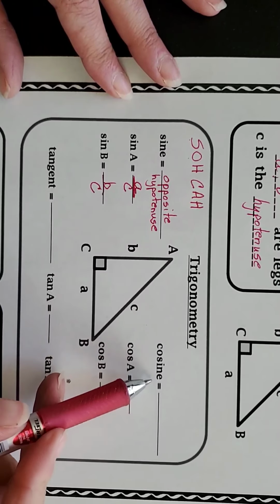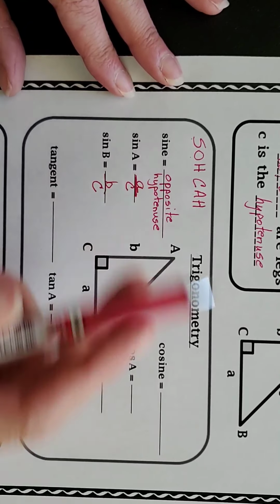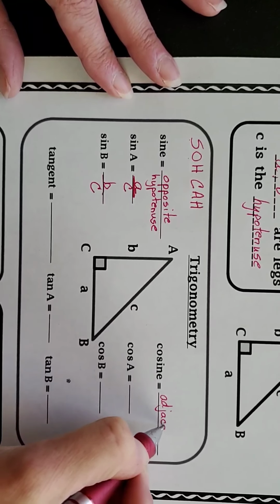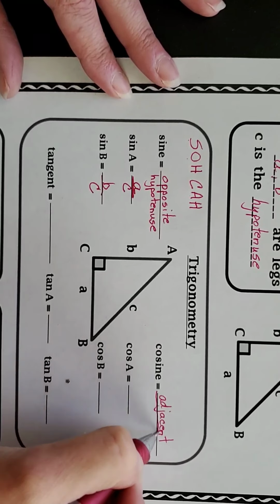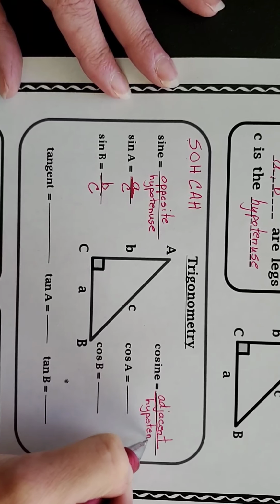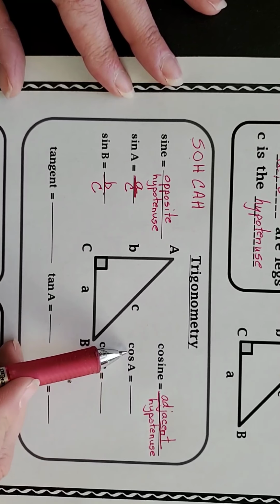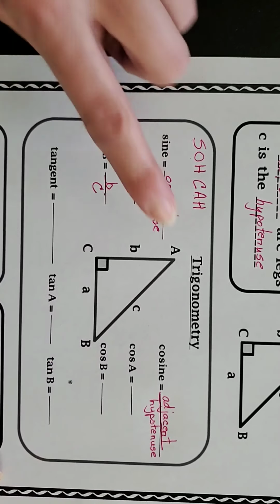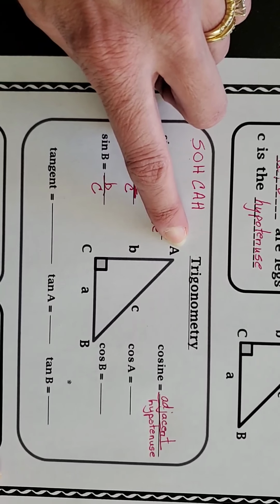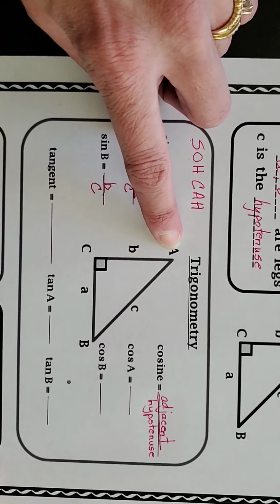which leads us to our next trig ratio, the cosine. The cosine is the adjacent over the hypotenuse. And remember, adjacent means next to. So if we look for the cosine of angle A, from angle A in here, there are really two sides that are adjacent to angle A. It's the two pieces that make up that angle.